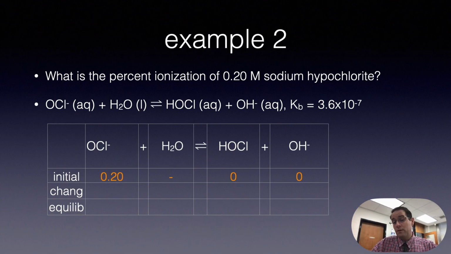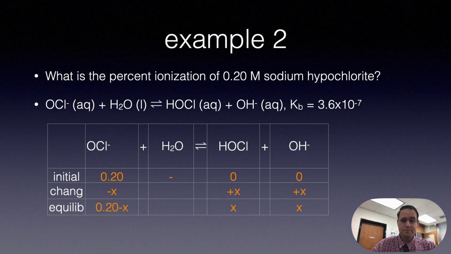Now remember where you put the plus x's and where you put the minus x's, okay? In this chemical reaction, we're going to have to react from left to right in order for there to be production of the products. And so minus x on the left side and plus x on the right side. As usual, you add your columns to get the equilibrium concentrations for each of the substances.